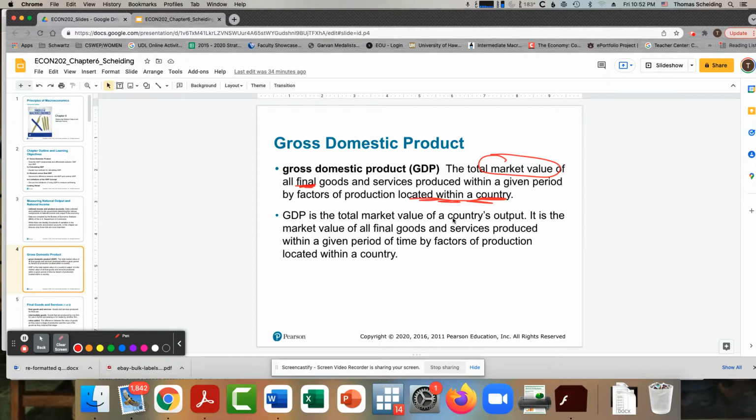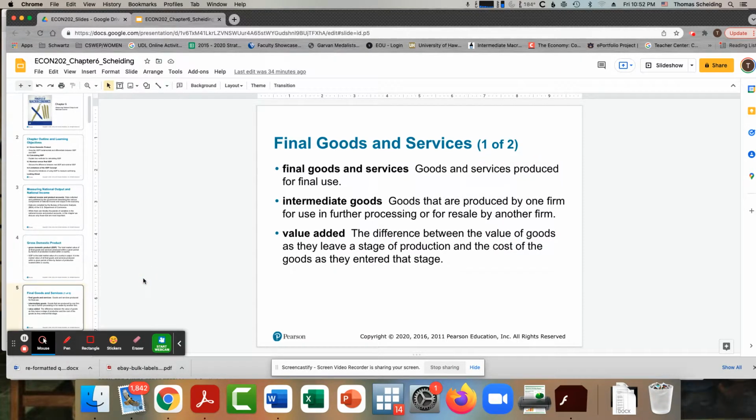Okay. And you see part of this description right here. Again, final good and service means that we're looking at the final thing produced. So things like intermediate goods are not counted because they are contained within the final good.